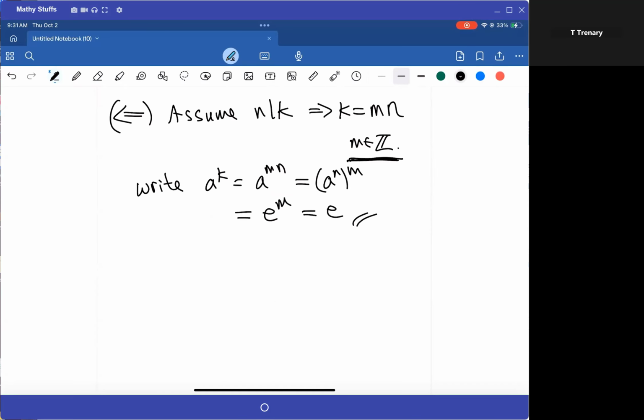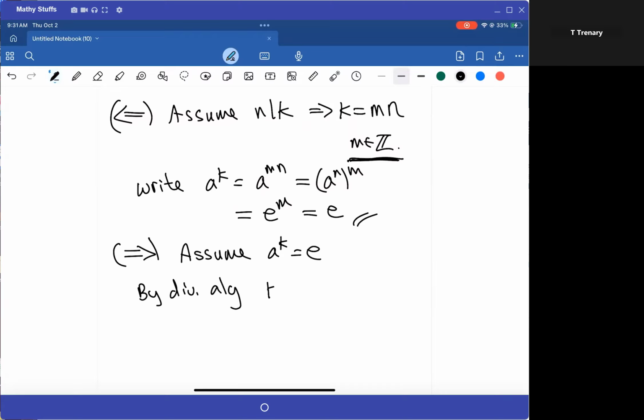Now we're going to go the tougher direction. So we go this way, and that's going to be a division algorithm argument. So we're going to assume that A to the K is equal to E. Using the division algorithm, we can write K equals Qn plus R, and R is our remainder that's less than N. So then we come and we rewrite this expression here.